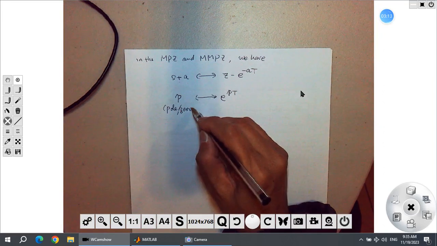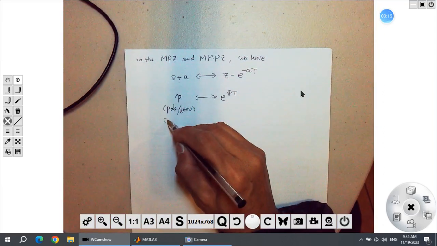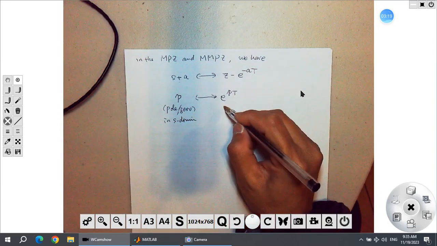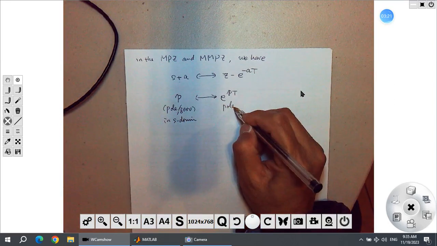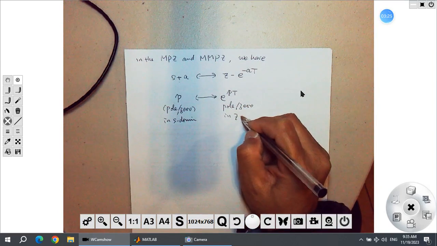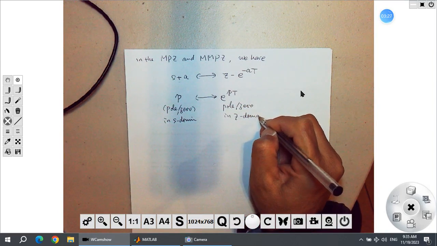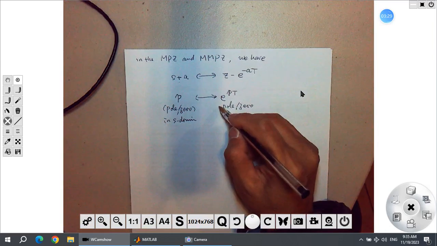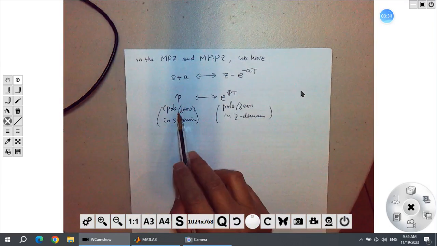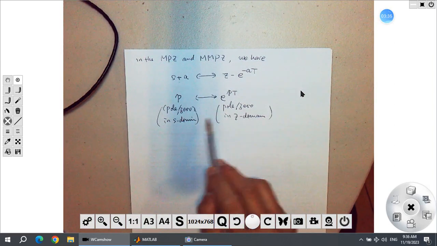This is a pole or zero in the S domain, and this is also a pole or zero in the Z domain. This is the Z transform. So now we have a relation between the S domain and the Z domain.